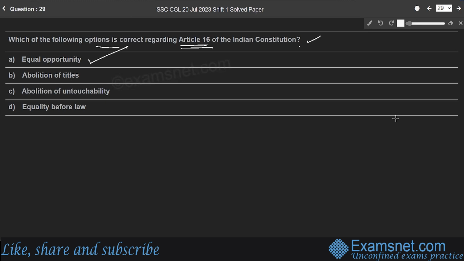Article 16 tells about the equality of opportunity in matters of public employment, right?